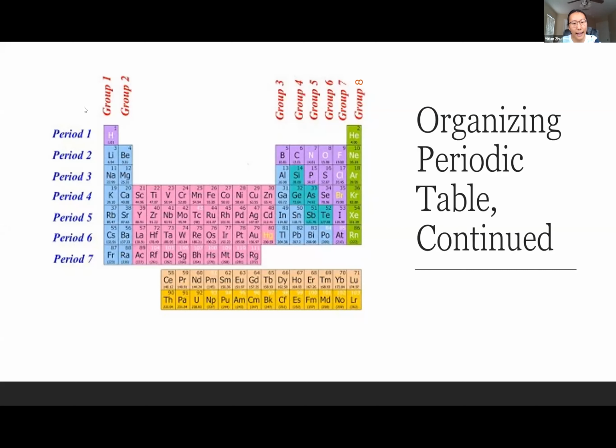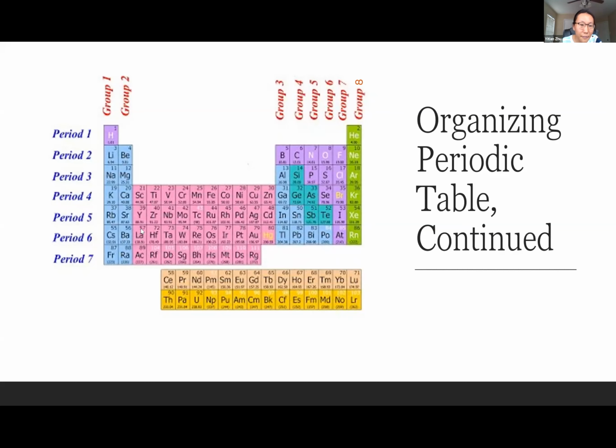Somebody also asked how to group lanthanides and actinides. Even though they're at the bottom of the periodic table, that's not the most accurate way of representing it. In the most accurate way of representing it, they're stuck right in the middle of the periodic table.